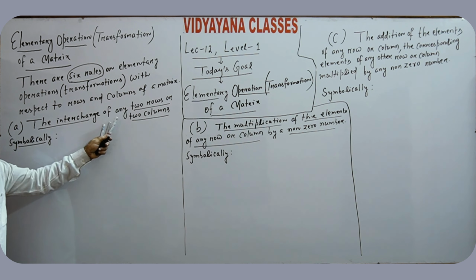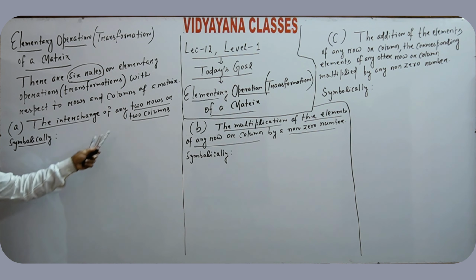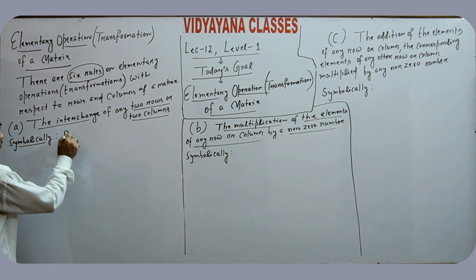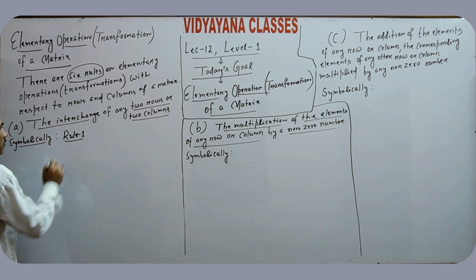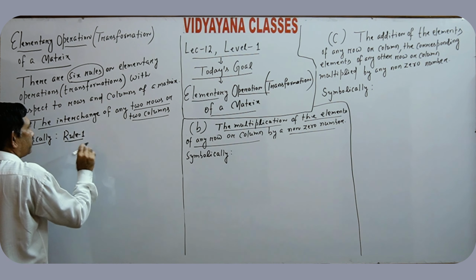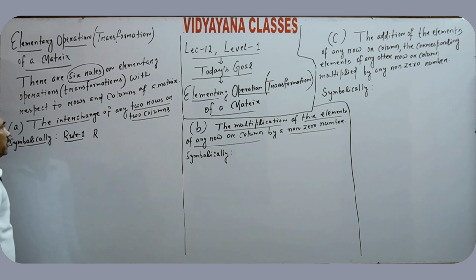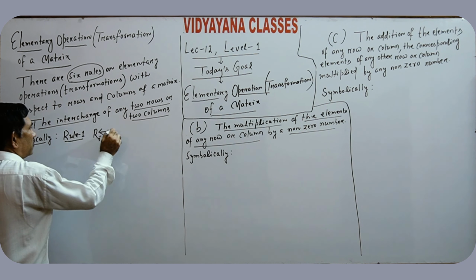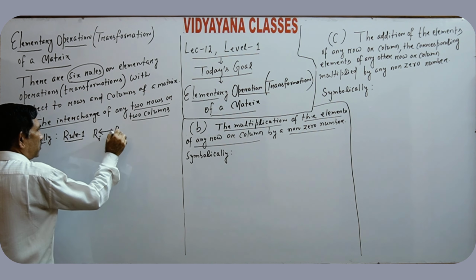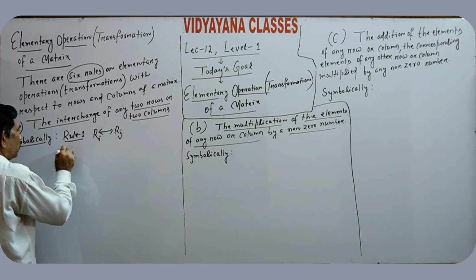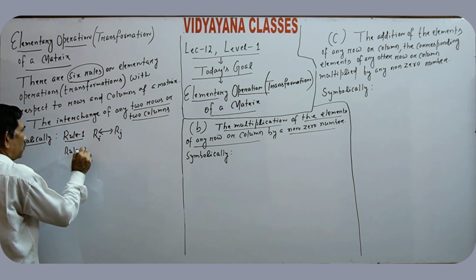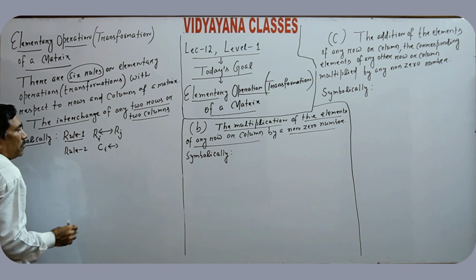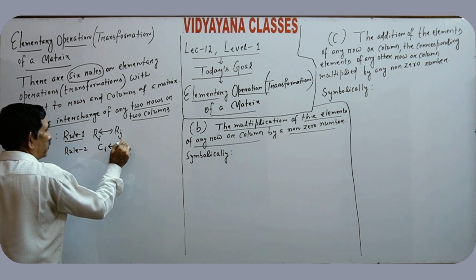Rule 1: the interchange of ith row will be jth row. Rule 2: ith column will be jth column.